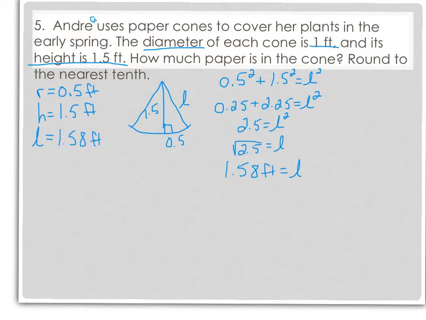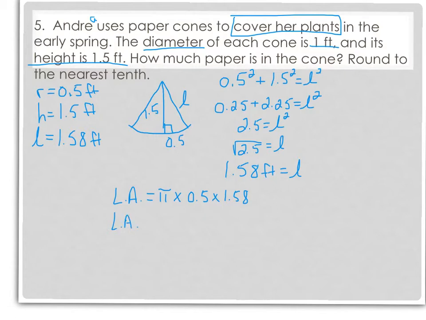Now, if we want to know how much paper is in each cone, keep in mind it said she was going to cover her plants. So we want a cone that has an open base. So we're looking just for the sides of the paper cone. So that would be our lateral area, not the whole surface area. So our lateral area equals pi times our radius times our slant height.